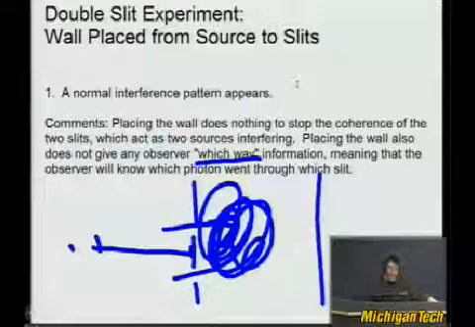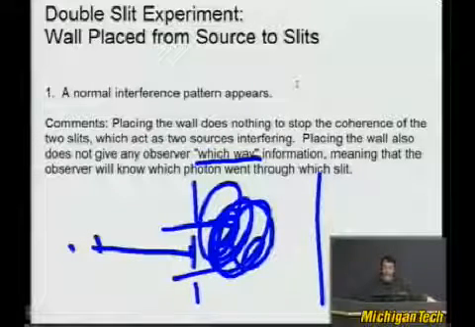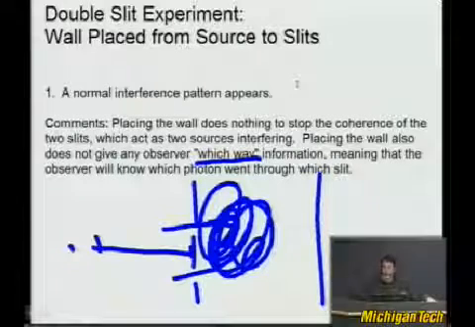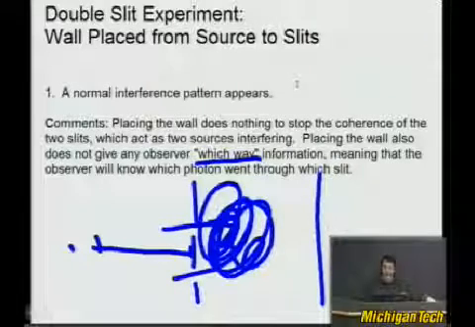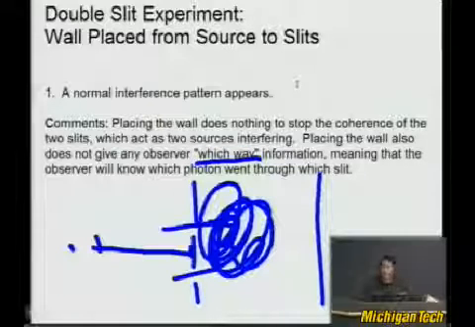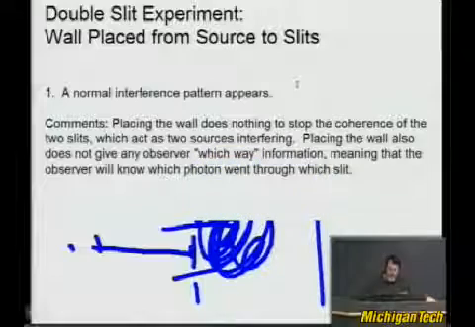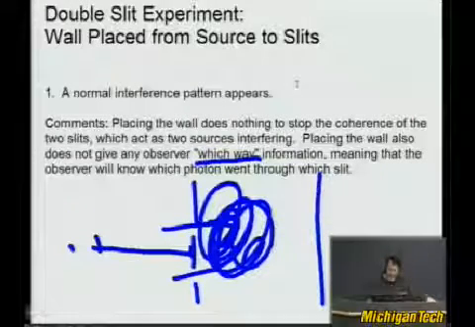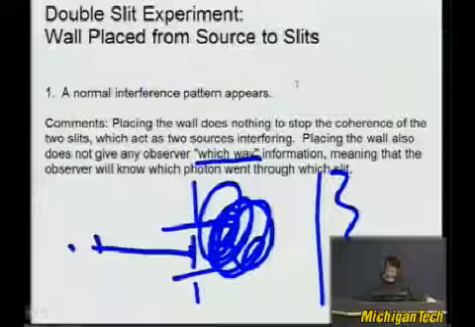How it went from the source to the slit is irrelevant. We will find that if you have which-way information, knowing which slit each photon went through, then that may destroy the interference pattern, strangely enough. So stay tuned to hear about that. But if you can't tell, then you get an interference pattern.